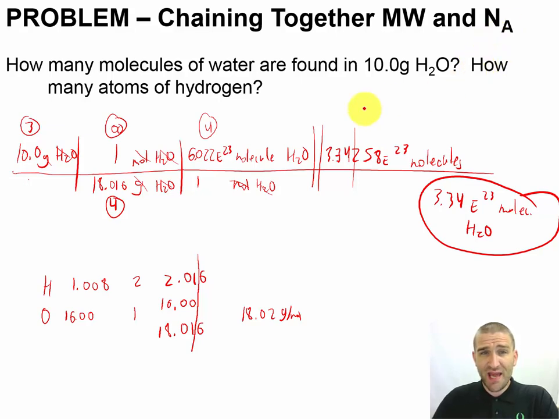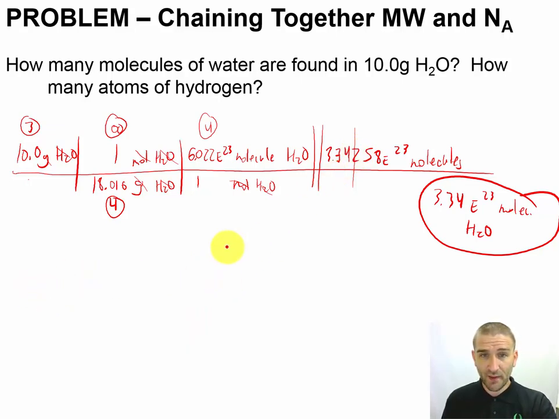Next up, how many atoms of hydrogen? So it's good that we left the original version written and circled the final answer with rounding because we don't have to add any rounding error right now. I am going to get rid of my molar mass of water, and now I've got some room to work. So now I've got to convert from molecules of water into atoms of hydrogen. And how am I going to do that? Well, let's see.